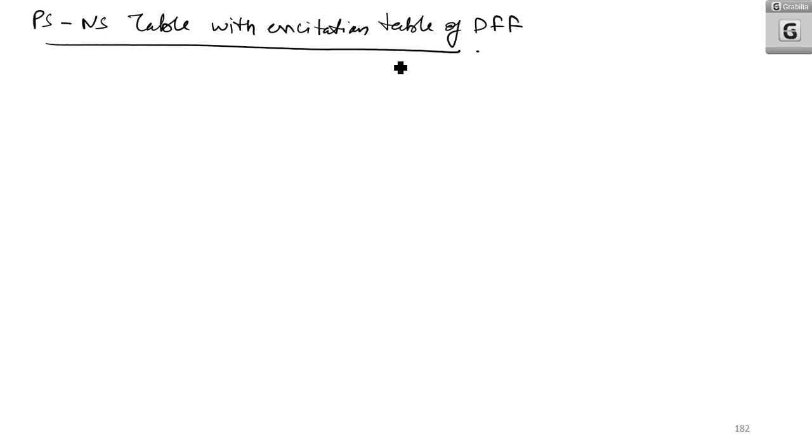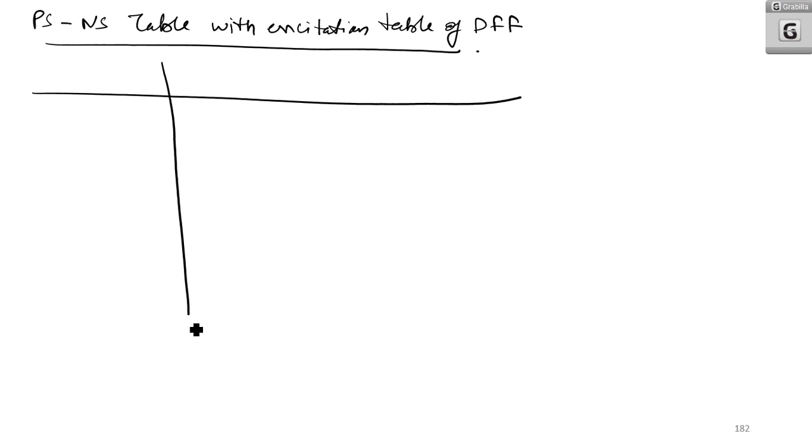Present state, next state table with excitation table of D flip-flop. How did it look like? Let us check. Okay. So we are having present state Q4, Q3, Q2, Q1.